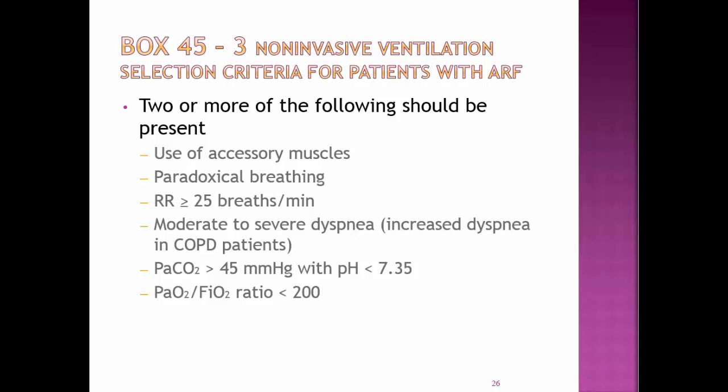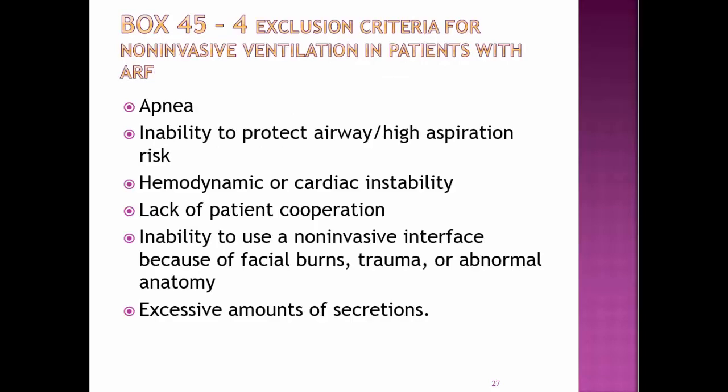Non-invasive ventilation selection criteria for patients with acute respiratory failure. 2 or more of the following should be present: use of accessory muscles, paradoxical breathing, respiratory rate greater than or equal to 25 breaths per minute, moderate to severe dyspnea, a CO2 greater than 45 with a pH less than 7.35, and a PF ratio less than 200.